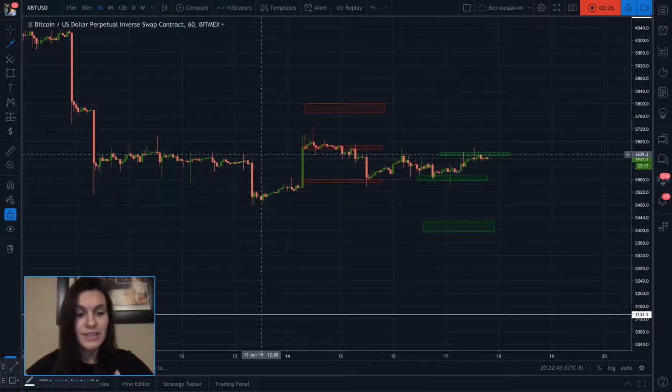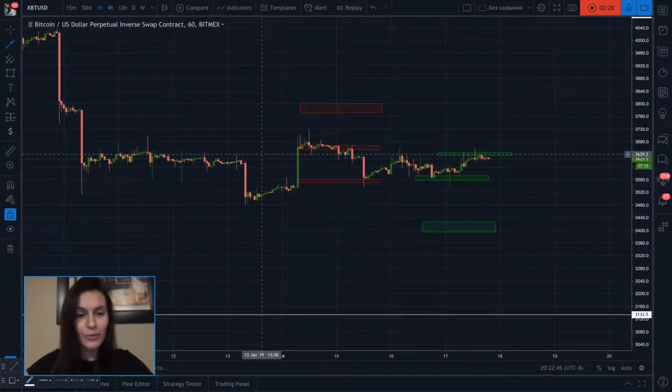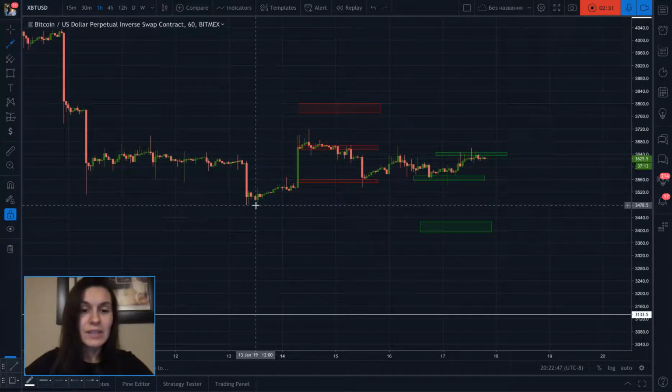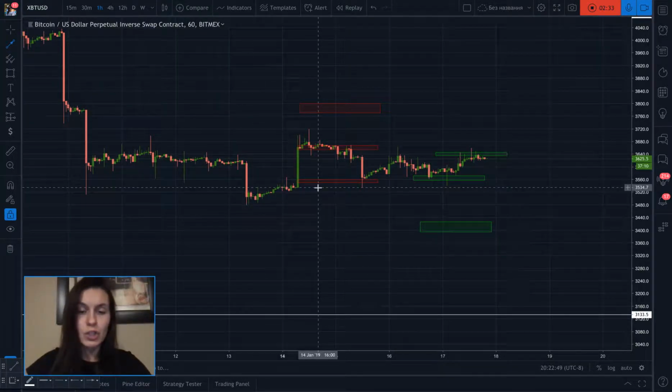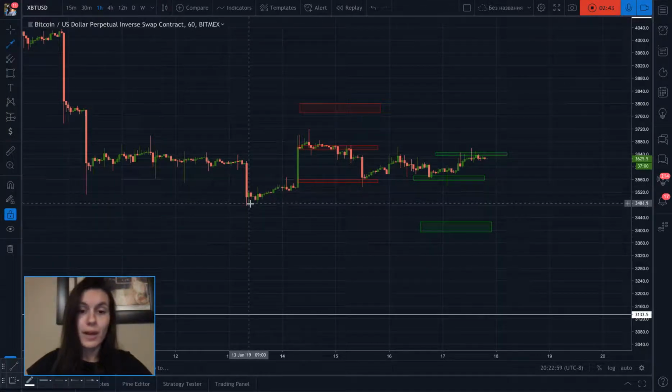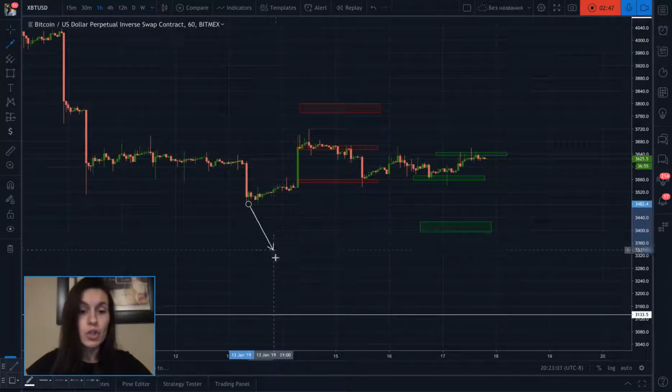Profit is always good for us, right? So this is our local minimum. And you know that there is 25% of leverage, 50% of leverage, and 100% of leverage. Just imagine that you buy Bitcoin over here in order to play the short position.